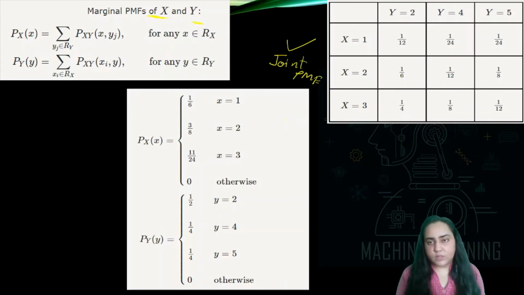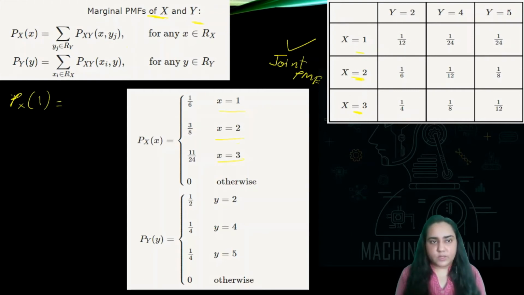I've already written the answer, and I'm just going to show you how that answer came. Let's see what different values x can take. x can take the value 1, 2 and 3. That's what we are specifying here, x equal to 1, x equal to 2, and x equal to 3. Now how do I find the individual probabilities? Very simple. For Px of x equal to 1, you just add all these things.